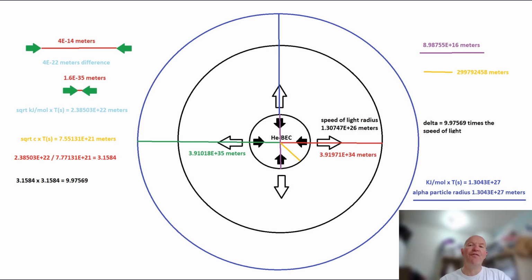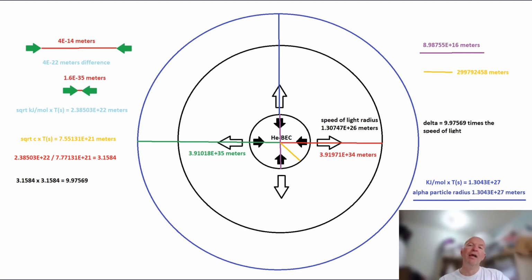It is a fundamental constant of nature due to the velocity difference between v and c, or the emission of alpha particles from the helium Bose-Einstein condensate, and the resulting decrease in the decay of the speed over time corresponding to the formation of pi.